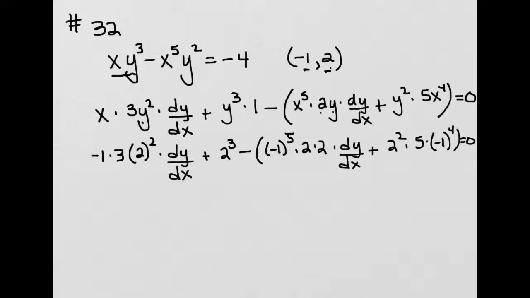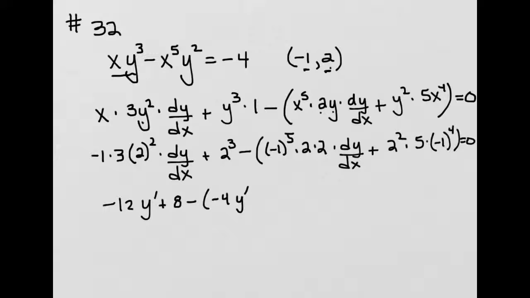All right, so we've got -3 times 4 is -12 dy/dx. I'm going to switch and just put y prime. It's a little quicker to write. And now that I don't have any y's, I'm not concerned with getting confused. Plus 8, minus, in parentheses, -1 to the fifth is -1, times 2 times 2, so that's -4 y prime.